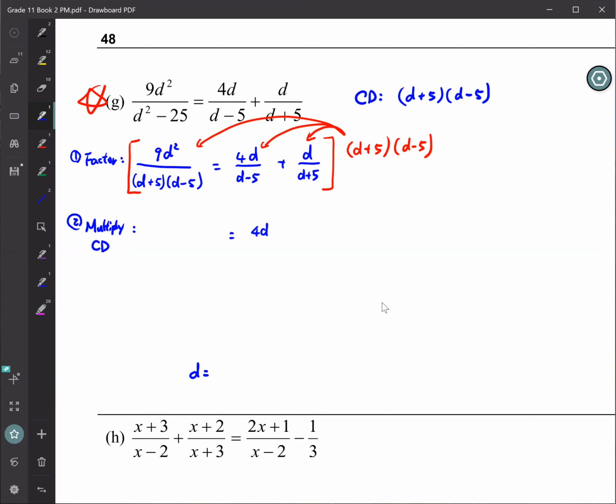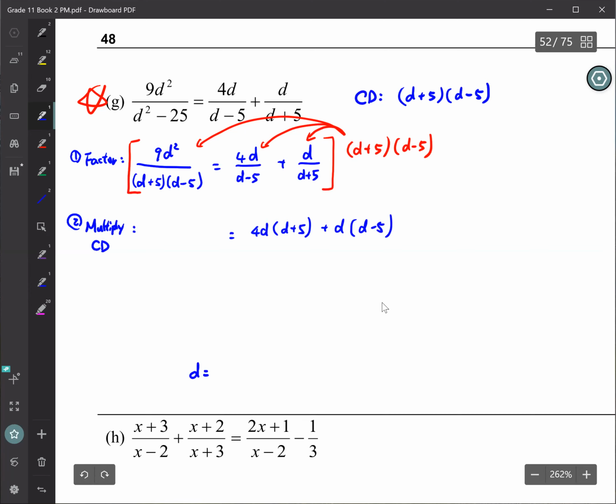Hold on, can we slow down? Don't multiply in the 4D yet. So 4D times d plus 5, and then plus D times d minus 5. Yeah, so far all good.